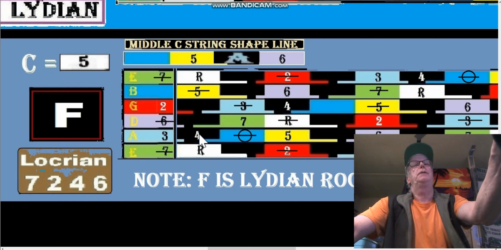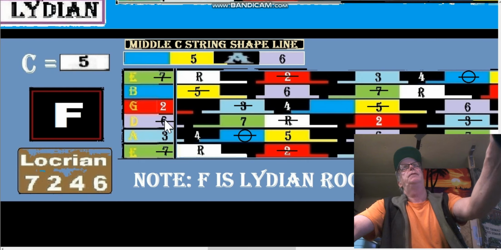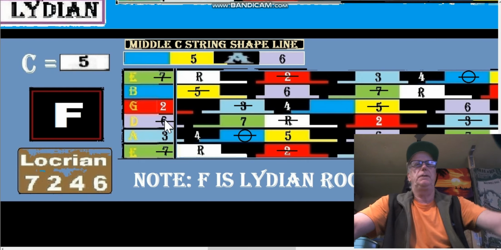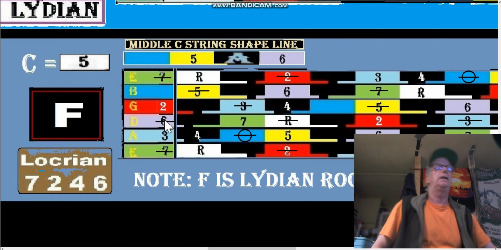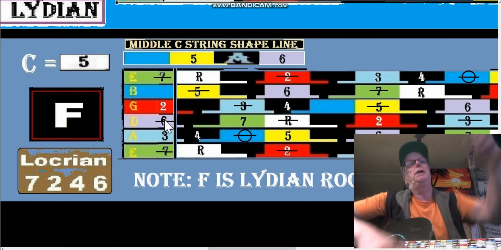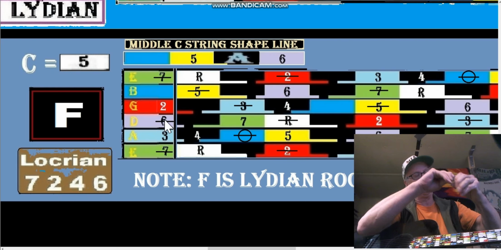And if we want to do a 7th of that, we're going to hit the D, which is the 6th in the Locrian scale. Okay, so we can do that. We put the capo on. I guess we're covering the hard ones first here.